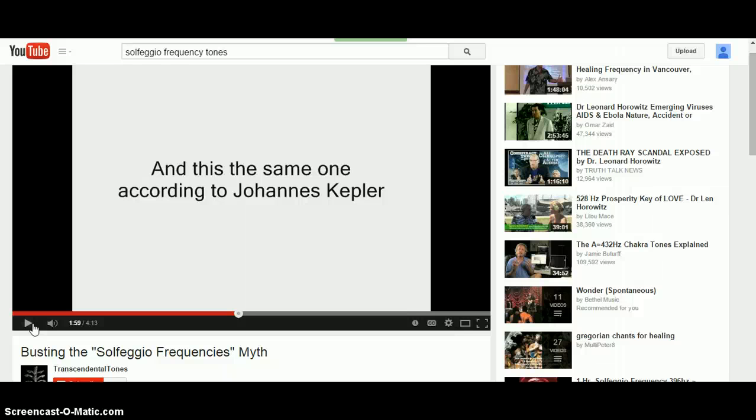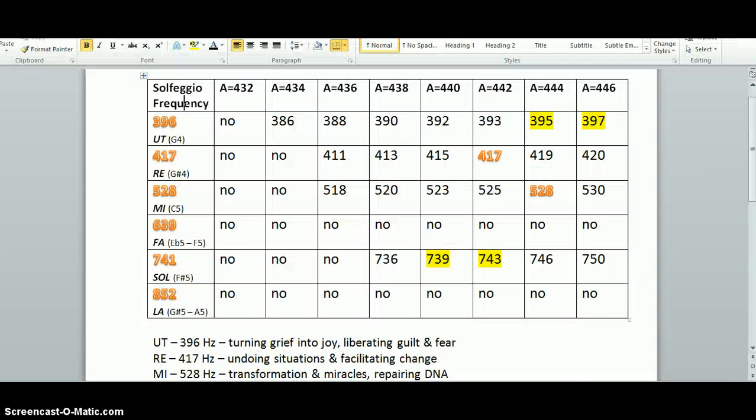In Pythagorean tuning, there are slight differences within 4 or 5 cents between the pitches, but they're not going to be as extreme as what you see here. So there's no way that these solfeggio frequencies fit within the Pythagorean tuning. So it's impossible for Guido to have used these specific pitches, considering he used Pythagorean tuning.